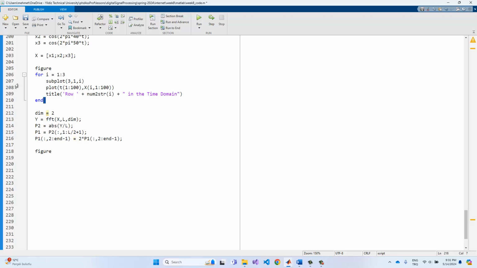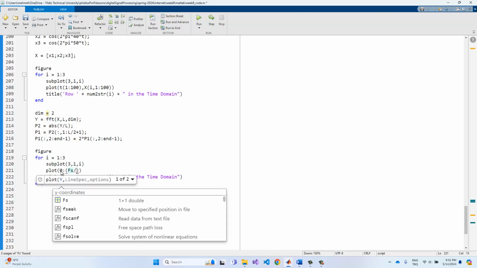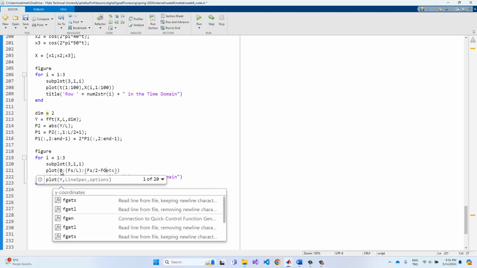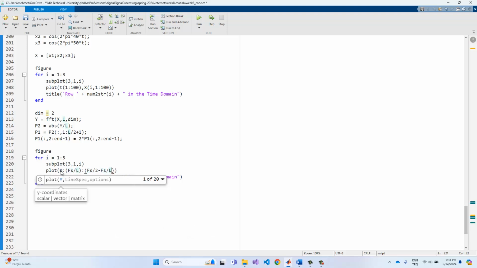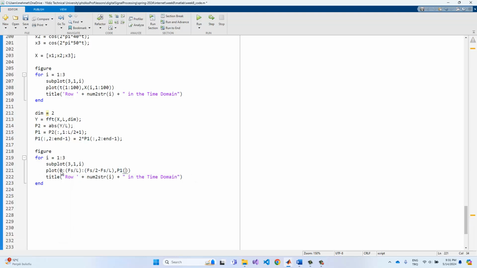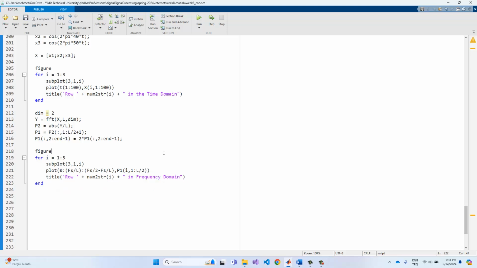So the figure can be given in here just like this one, and this plot must be changed with 0 to fs divided by L as the step rate, and after that fs divided by 2 minus fs divided by L. And so P1, I value 1 to L divided by 2. This is the frequency representation of this domain in the 2D format.